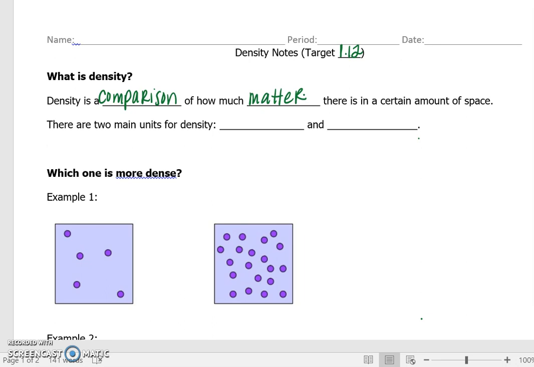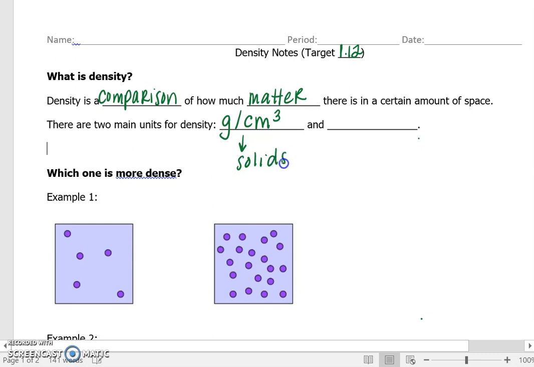And there are two main units for density that we'll use in this class. The first one is grams per centimeter cubed, and we'll use that one for solids. And we also have grams per milliliter, which is the unit that we use for liquids. Now, really, density can have any unit as long as it's a mass over a unit for volume.